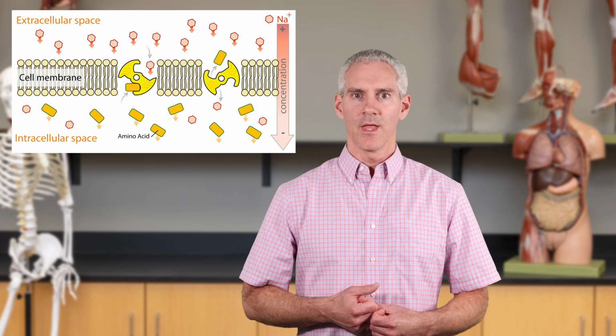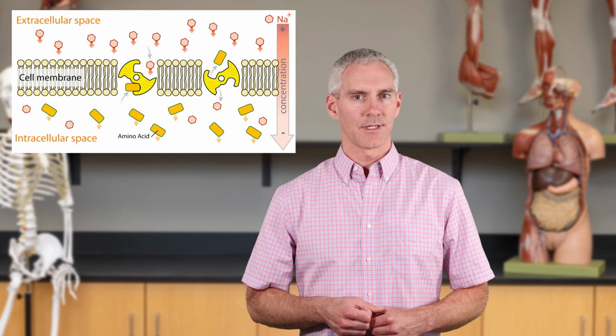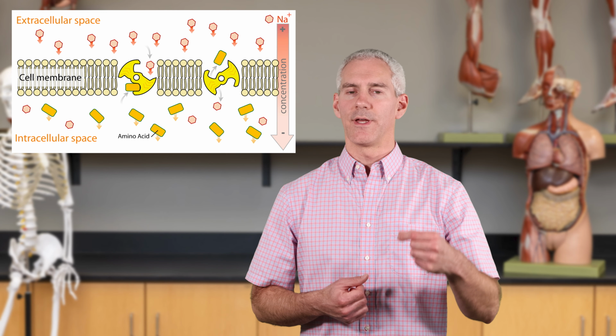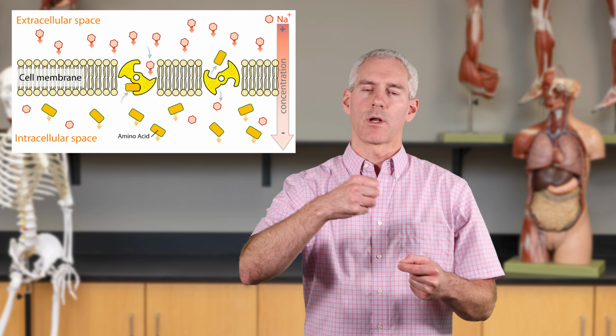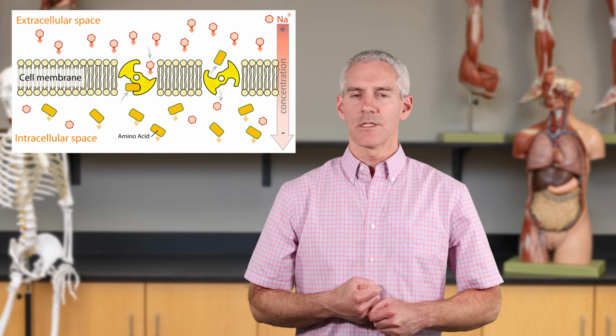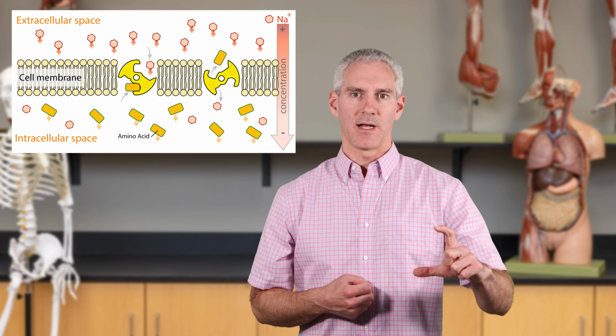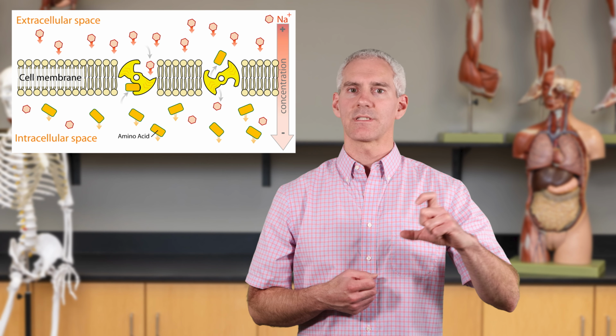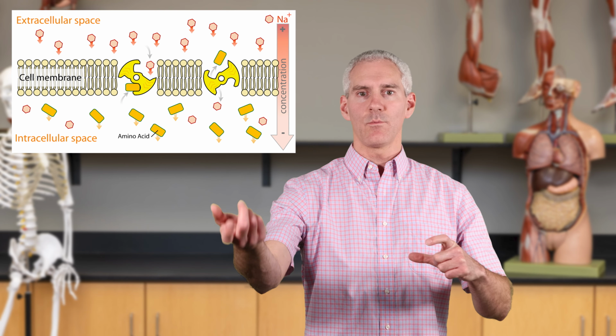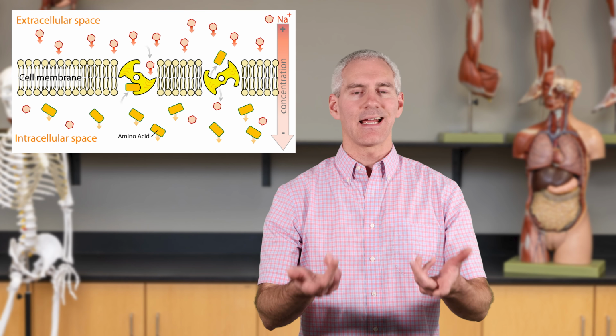Now, there are other proteins that will help to control how other ions and other molecules will move. There's one we'll look at called a cotransport. In the case of a cotransport, one molecule is moving and it kind of pulls the second one along for the ride. So really the energy or the gradient is built on that first molecule, that first ion, while the second one coming along is kind of tagging on.